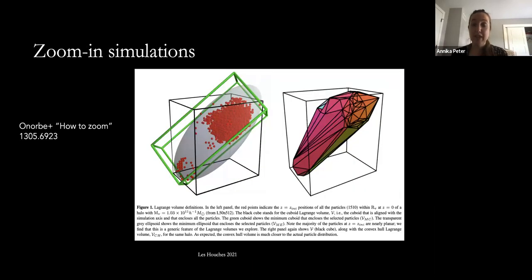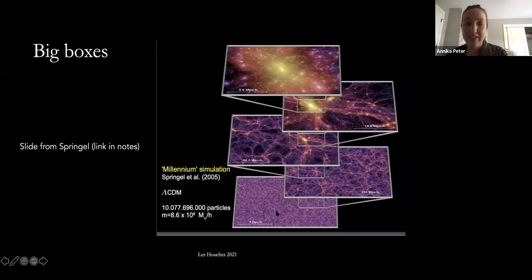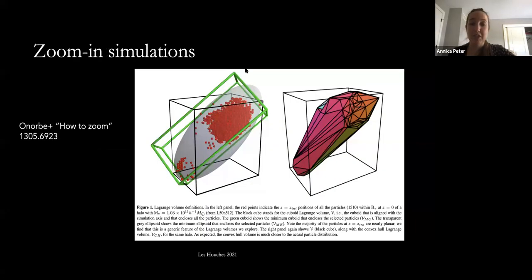Now, sometimes you care a lot about individual types of systems like Milky Ways or individual galaxy clusters. And then it makes sense to really focus in on one small patch of this volume. So for example, if I wanted to focus on this cluster and really understand that cluster in detail, like its substructure, I might want to run a zoom simulation.